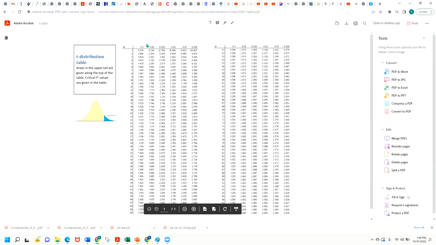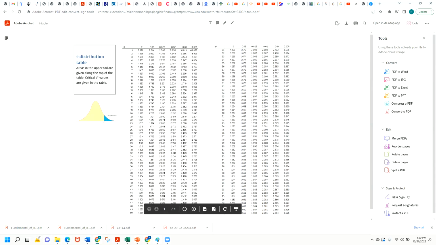So let's say if you have 20 observations, you have 18 degrees of freedom here, and you set your significance level of 0.05. Your critical T is 1.734 there. So 1.734 is your critical T.